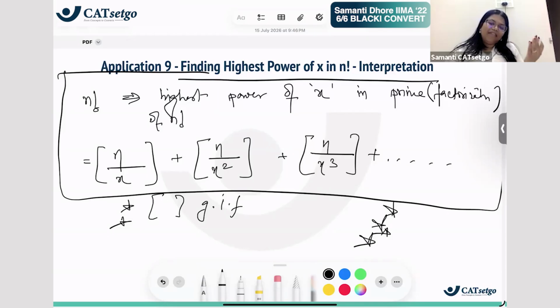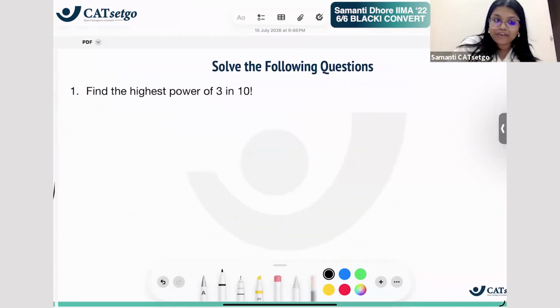When you find the power of 5, you get trailing zeros, but apart from that, you can find any power. Let's say the question is: find the highest power of 3 in 10 factorial. How do we do this?